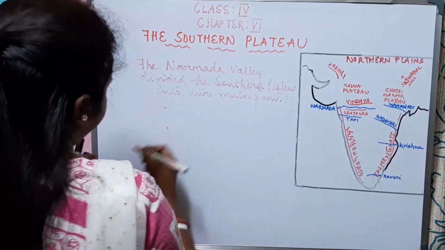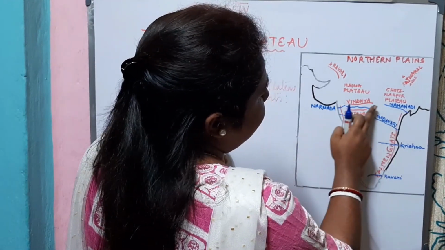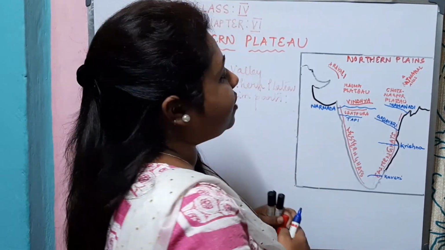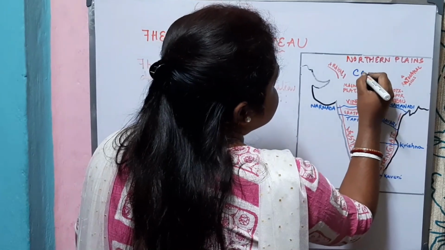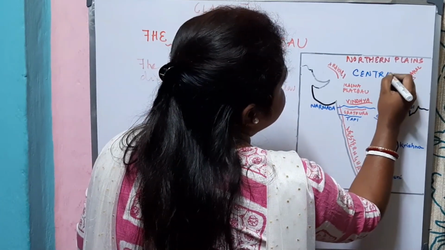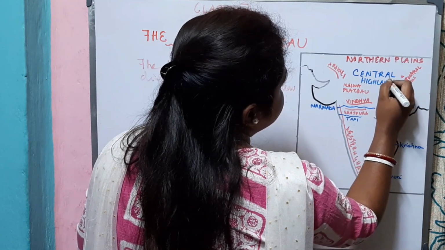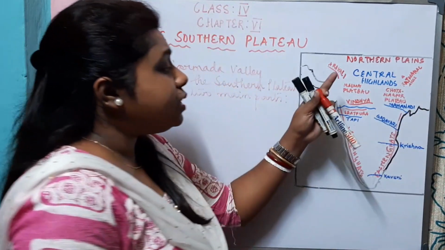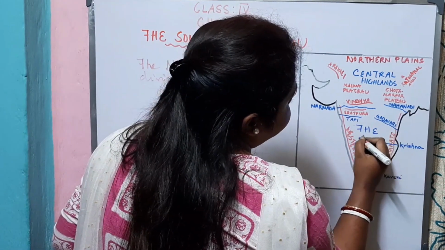What are those? Here you can see that here is the Narmada and here the valley is formed by the Narmada river, the Narmada Valley. To the north of the Narmada Valley is the Central Highlands, and to the south of the Narmada Valley is the Deccan Plateau.